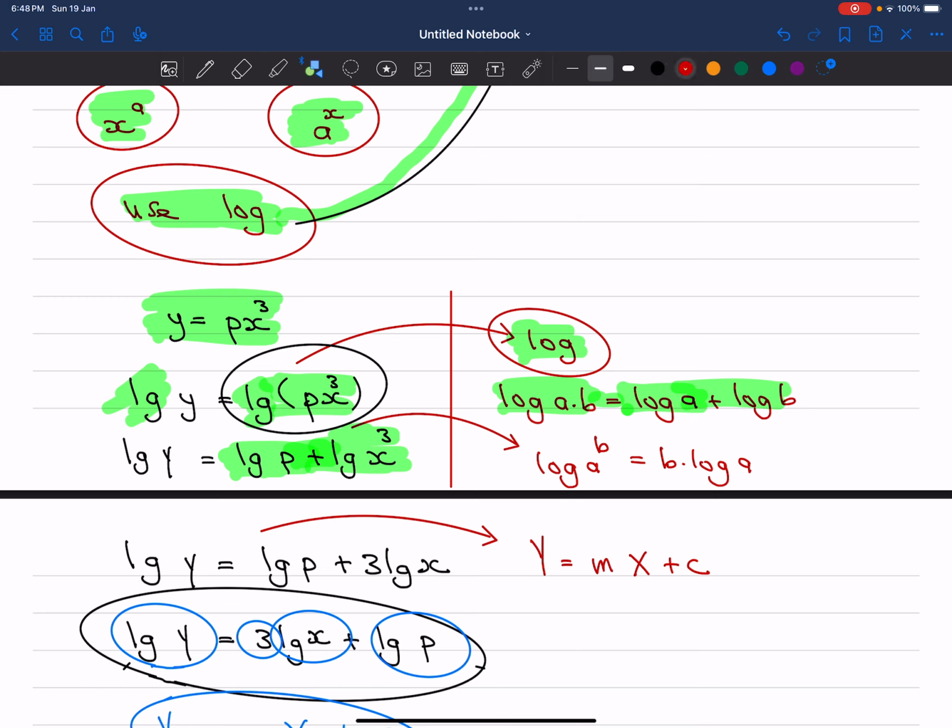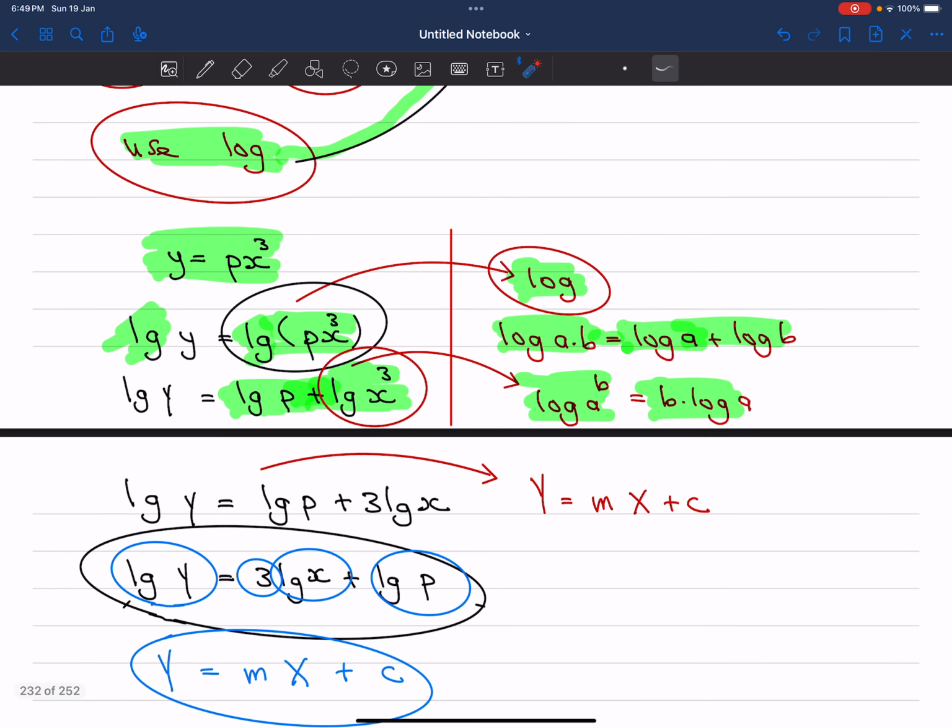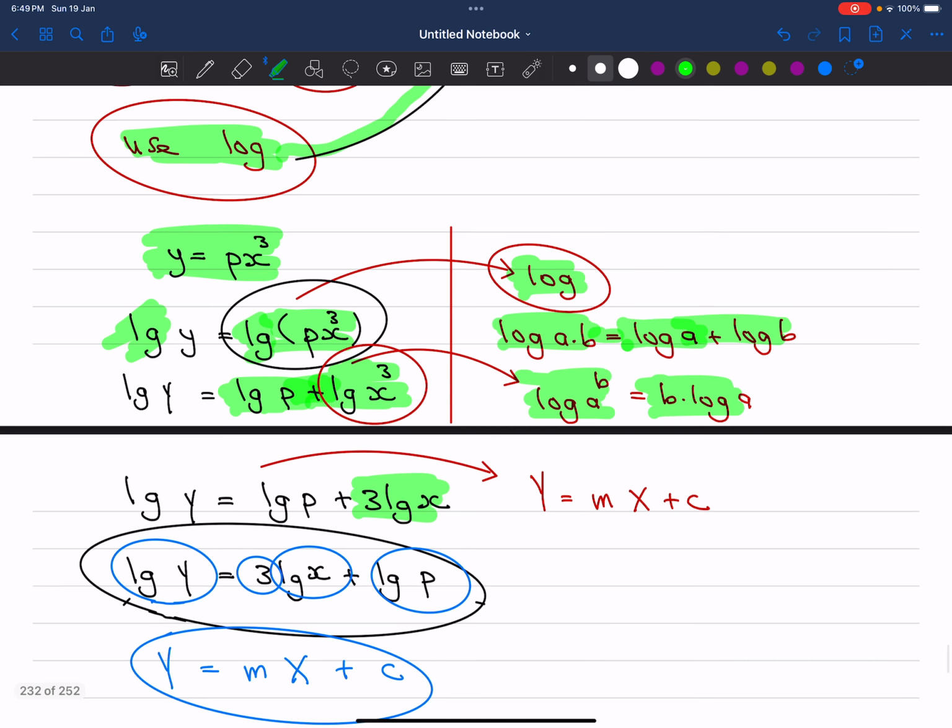And for this log x power 3, I'm going to use the formula log a power b, where the power b can come down and becomes b times log a. So here, log x power 3, the 3 comes down and becomes 3 log x. On the left hand side, I just copy back log y, and I just copy back the log p.